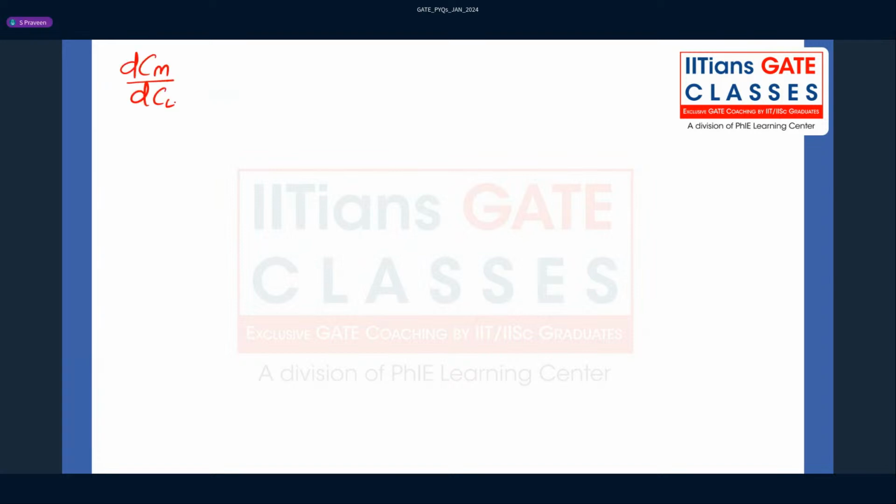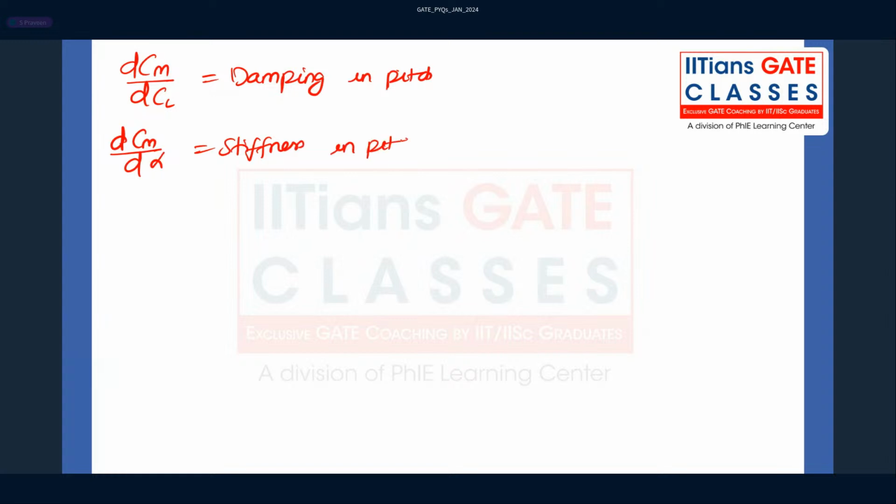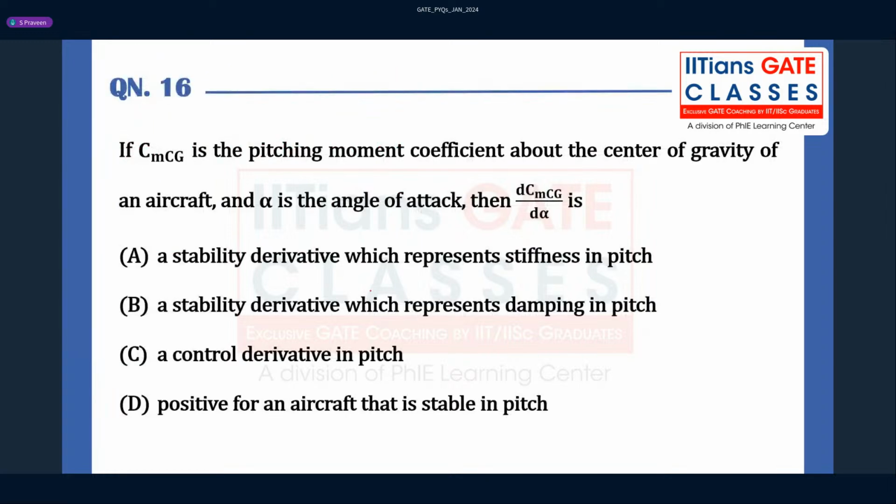So my dCM by dCL is basically a damping in pitch, whereas a dCM by d alpha is a stiffness in pitch. Which means if you go back to this thing, the stability derivative which represents stiffness in pitch has to be the correct one.